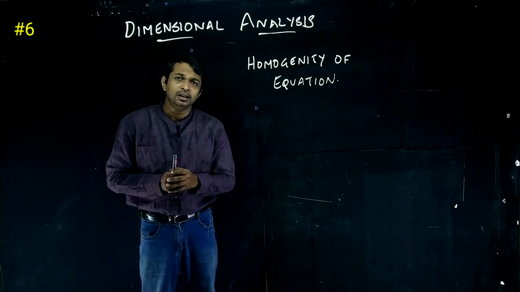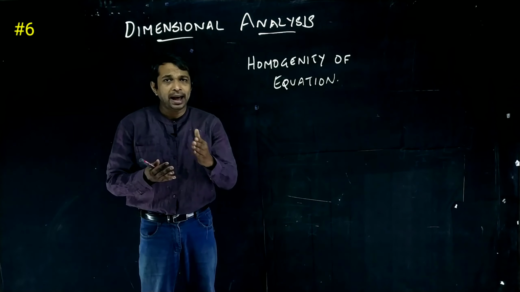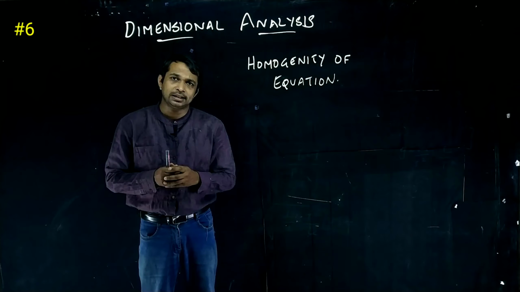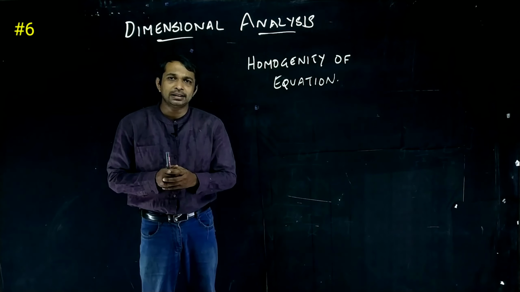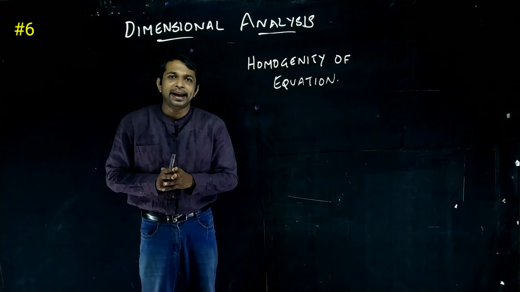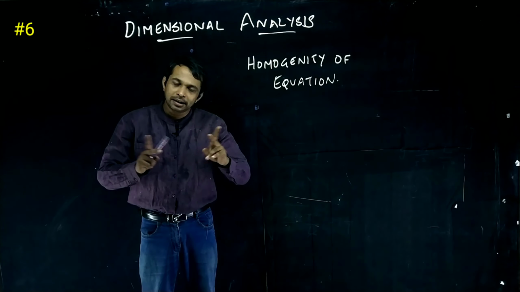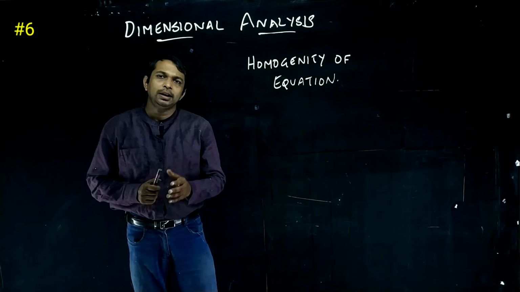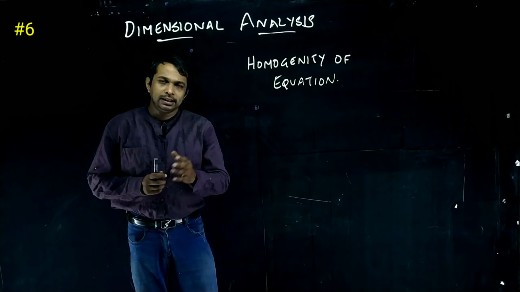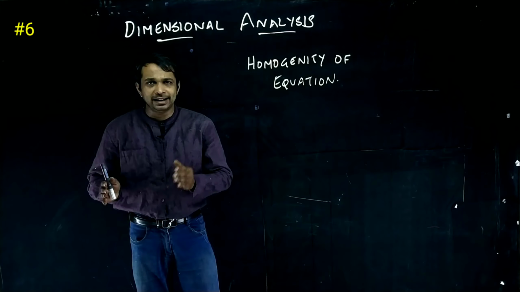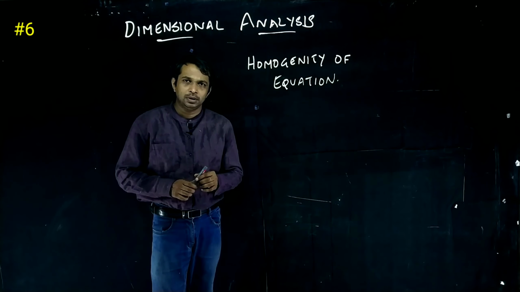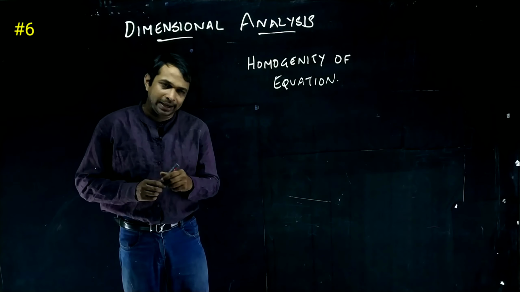For example, you can add time and time, but you cannot add time and distance, because time and distance are two different physical quantities, or dimensionally they are different. Now, if an equation is right, the dimensions on the left hand side and the right hand side of that equation will be the same. Let's check it with an example.